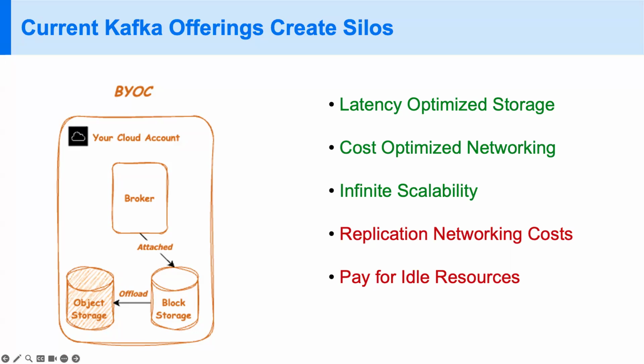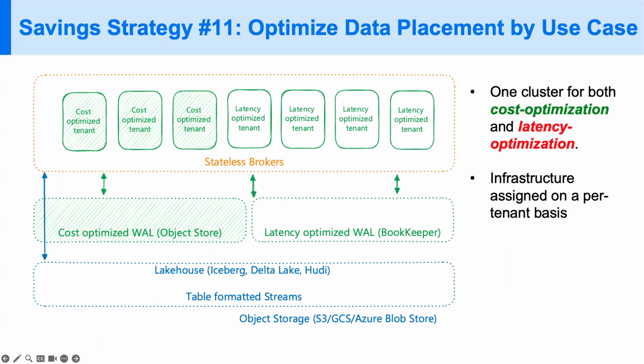But the problem with these is that each one is sort of an either-or, right? As we talked about in the previous ones, if you pick serverless, you're going fully cost optimized. If you go BYOC, you're going latency optimized, and you're paying a higher cost for certain things. But sometimes you have use cases that just require cost optimization. I don't really need very low latency on this.